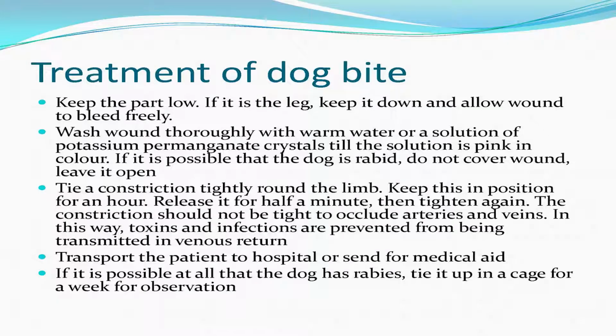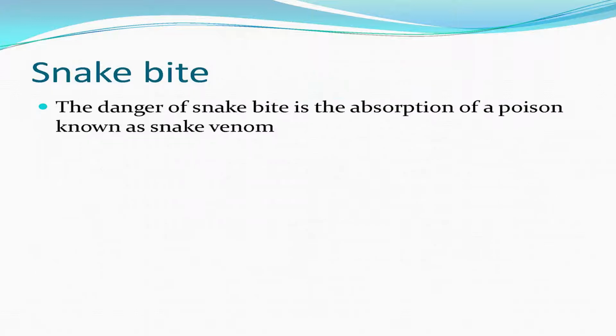Transport the patient to the hospital, send for medical aid. If it is possible at all that the dog has rabies, you have to cage the dog and observe the dog for some weeks. Snake bites. The danger of snake bite is absorption of a poison known as snake venom.